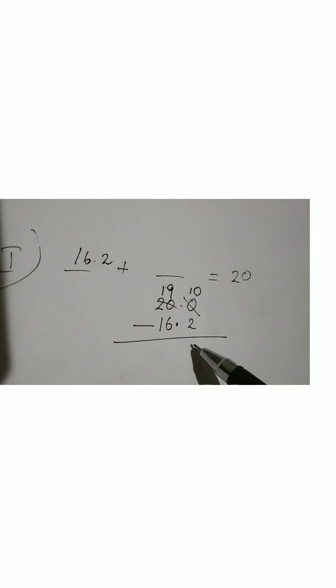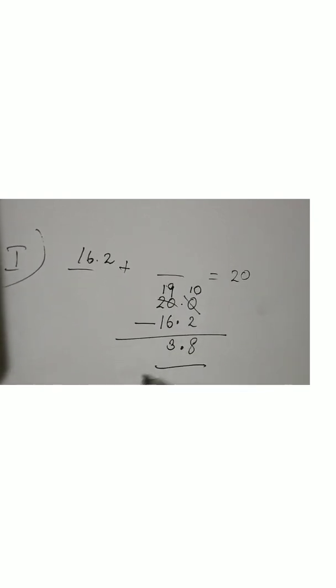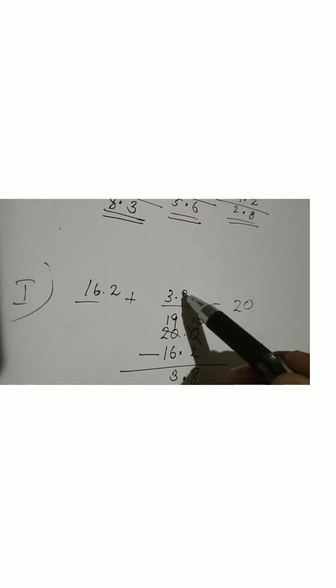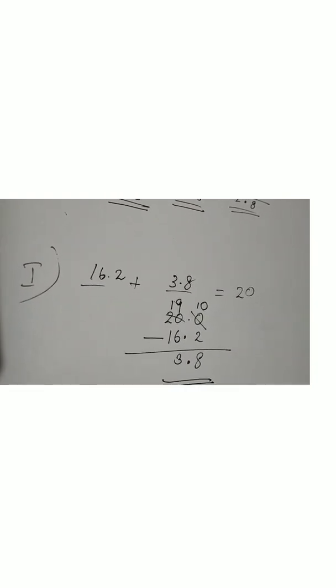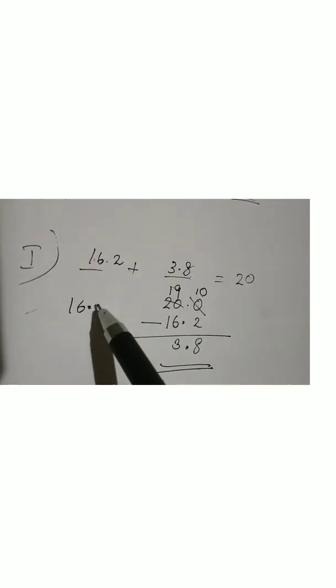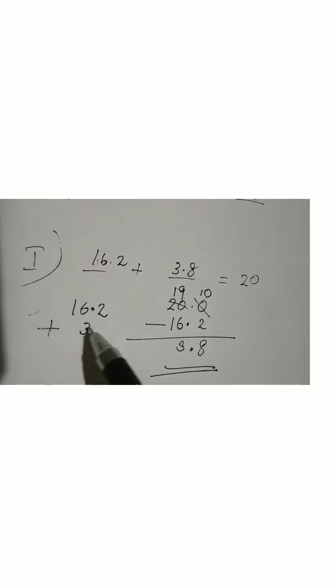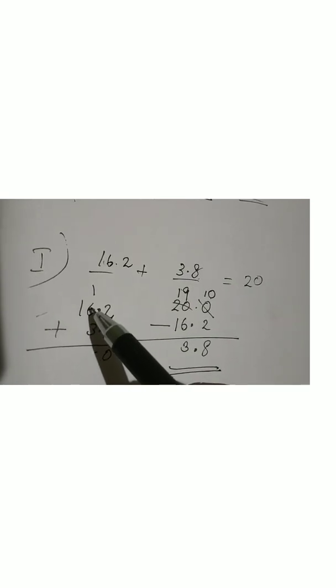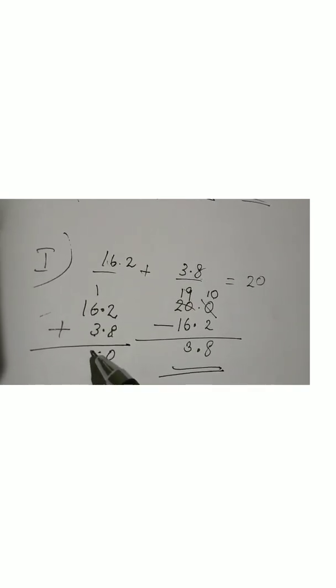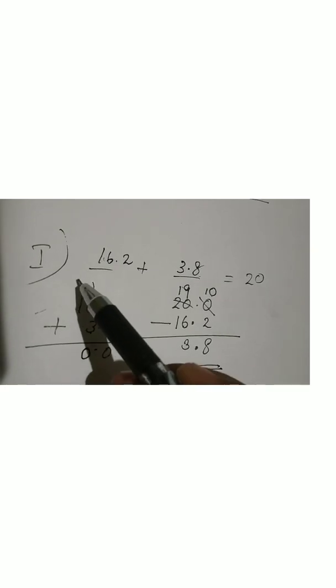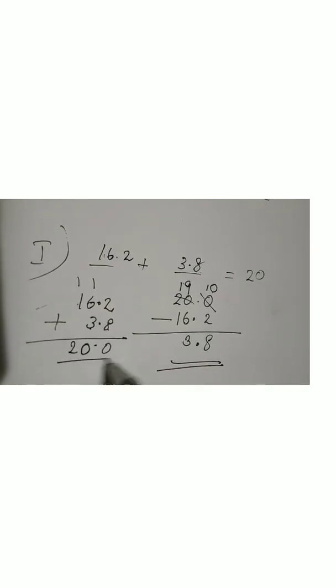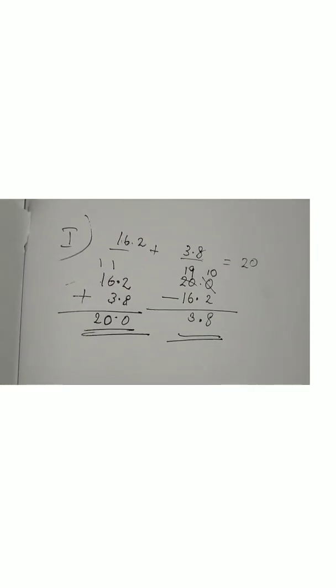So 10 minus 2, 8. Then 19 minus 16, 3. So now that is 3.8. Then can we add these two? We can add it. 16.2 plus 3.8. 2 plus 8, 0. 1 will be there. 6 plus 3, 9. 9 plus 1, 10. Again 1. 1 plus 1, 2. So 20.0 is the answer.